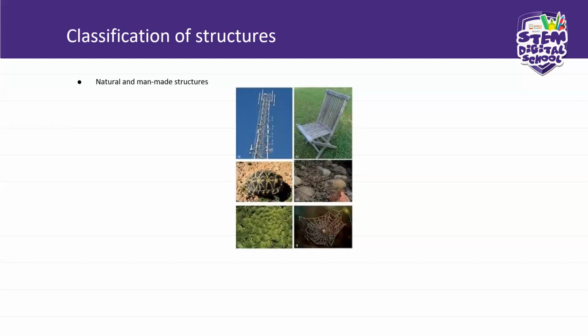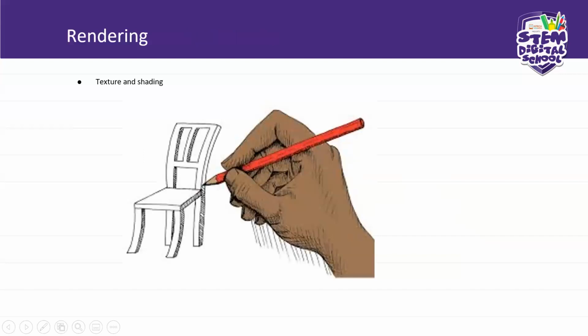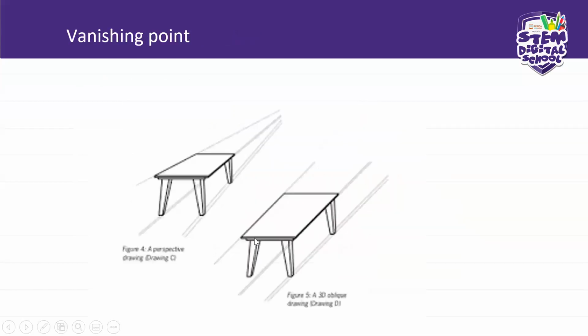You draw it oblique and you draw it using perspective drawing. In other words, you try and draw it like this. This is oblique and freehand. And you also try and draw it like this, perspective. That is what you must try and practice at home.